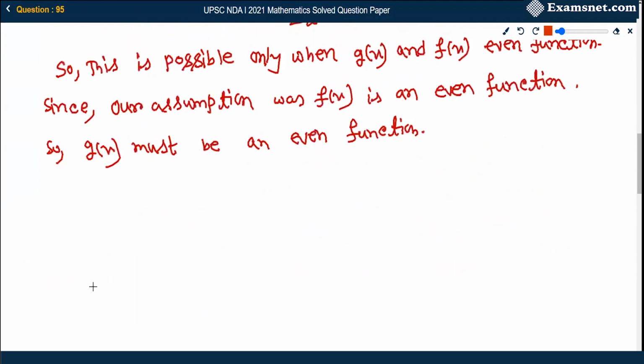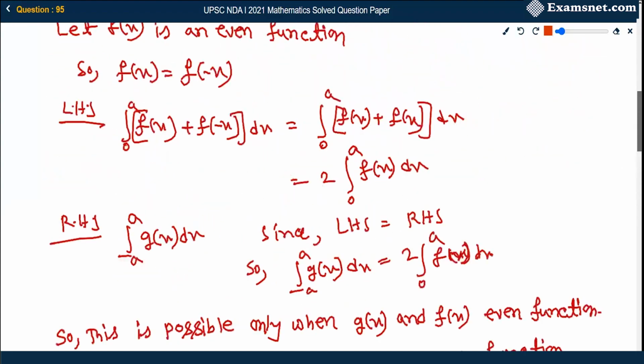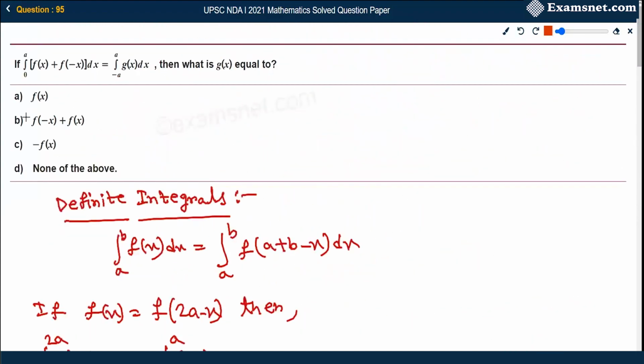That means we can directly say g of x equals 2 times f of x, or f of x plus f of x. Also, one f of x can be written as f of minus x, because f of x is an even function. So here we can say g of x equals f of minus x plus f of x. Option B is the correct answer.